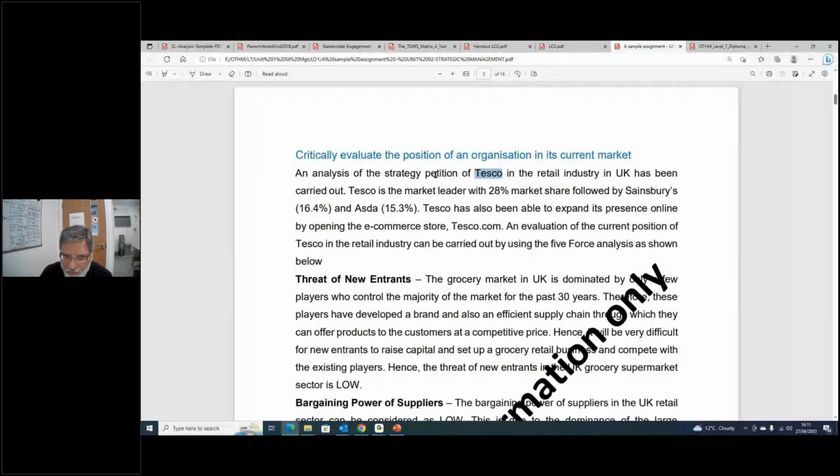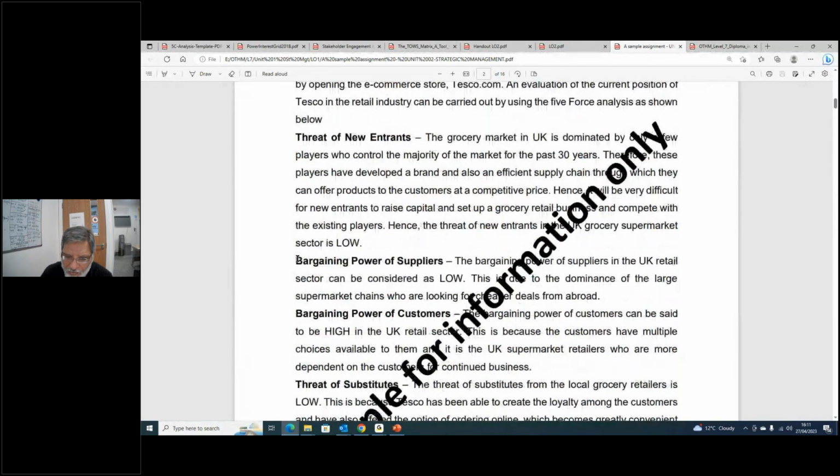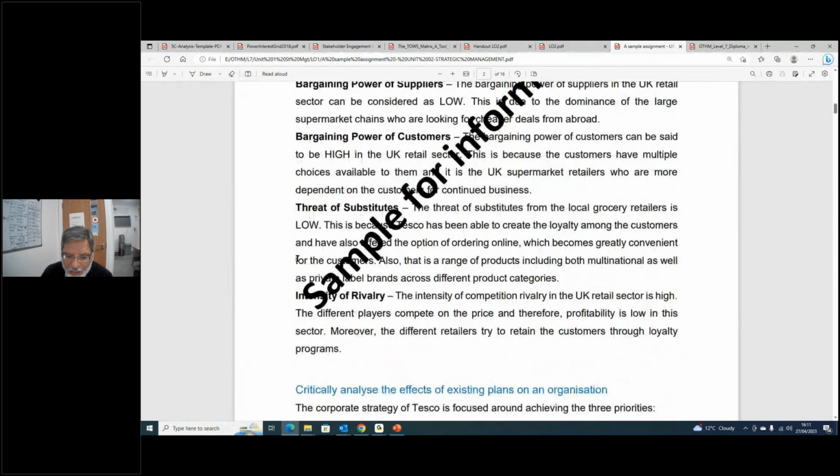If you are working for your own organization, maybe you can pick an organization from yourself, or if the case study is written about Exxon or Shell or BP or Nokia or Samsung, you can pick up any case study. Make sure that you read the case study and then answer those questions.